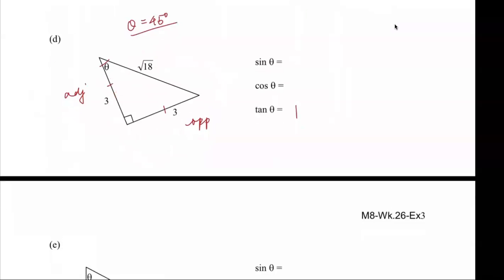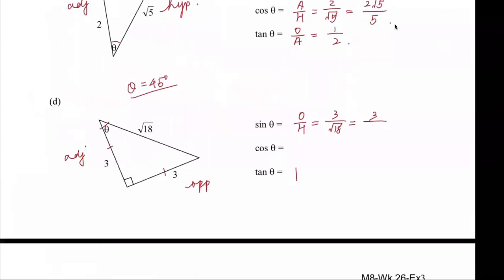Sine theta is equal to O over H, which is equal to 3 over square root of 18. Square root of 18 can be written as square root of 9 times 2, so this can be written as the product of square root of 9 times the square root of 2.